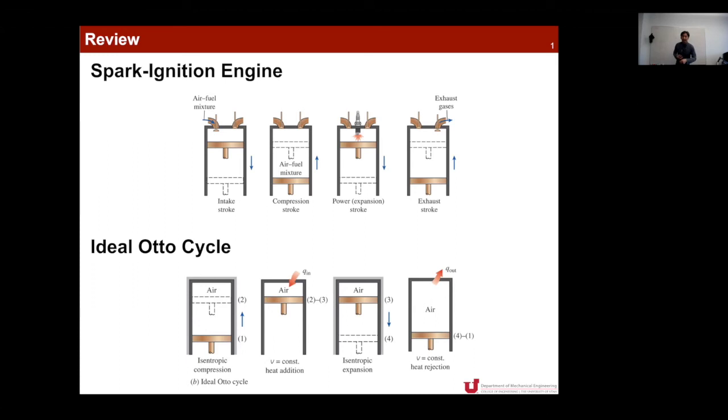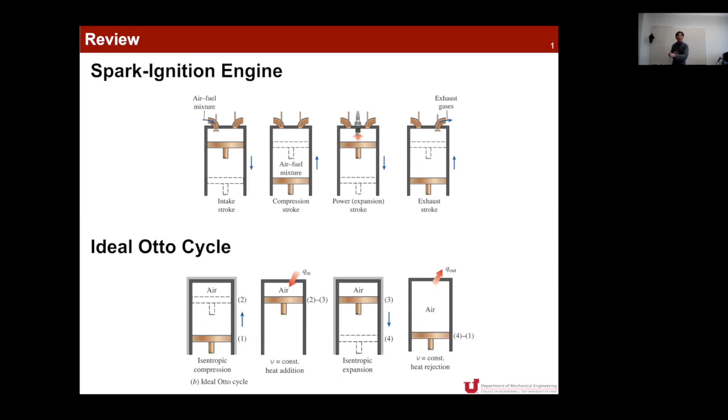Then we have the heat addition process, but because combustion happens so quickly as a result of spark ignition from the spark plug in a real spark ignition engine, we can assume that this heat addition process is a constant volume heat addition process. That is the second process that we have to consider.